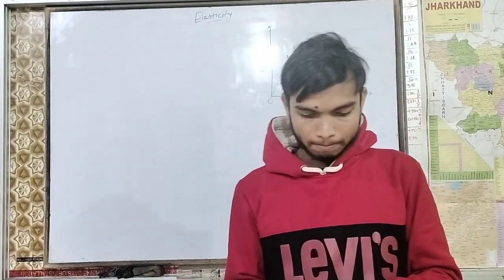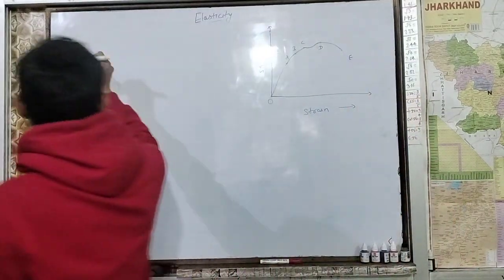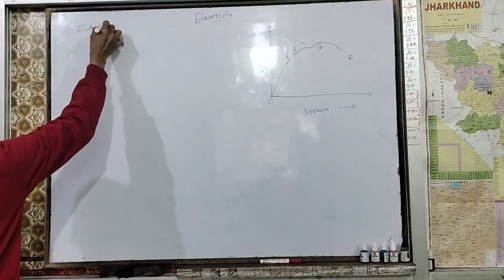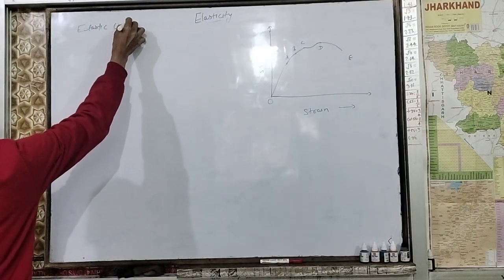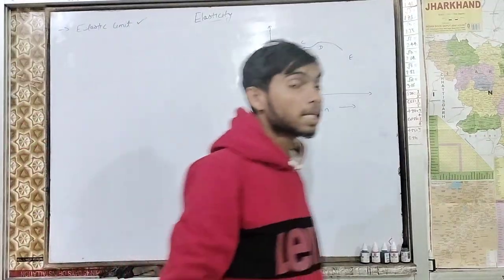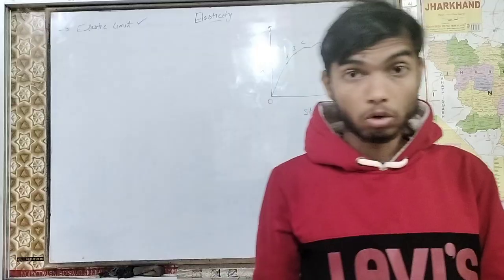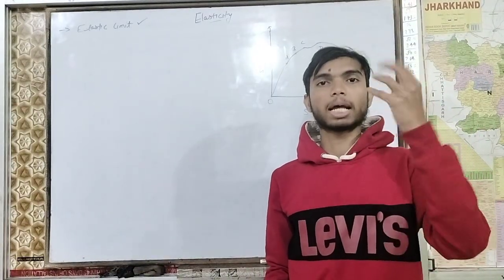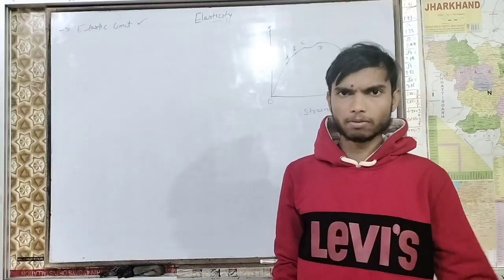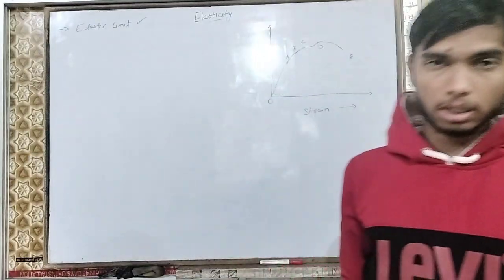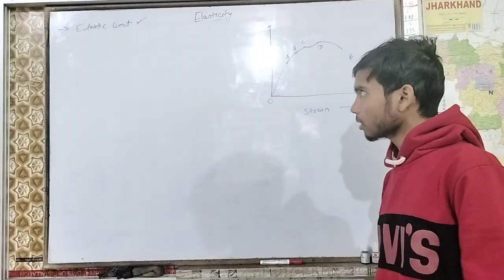So I think you have understood about the elastic limit. This is nothing but the limit of a force, we can say. If we apply more than the required force, then of course the body will not regain its original shape.